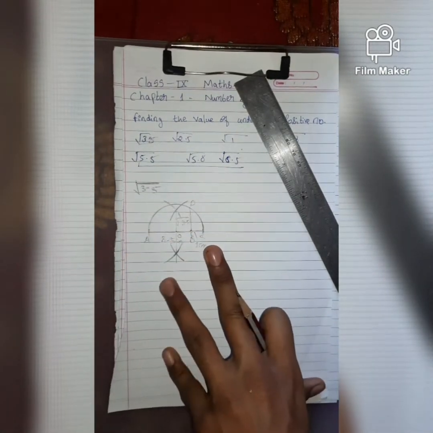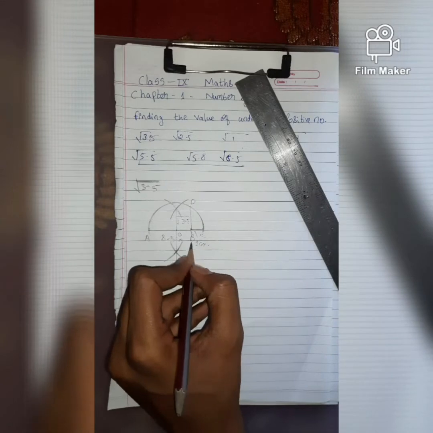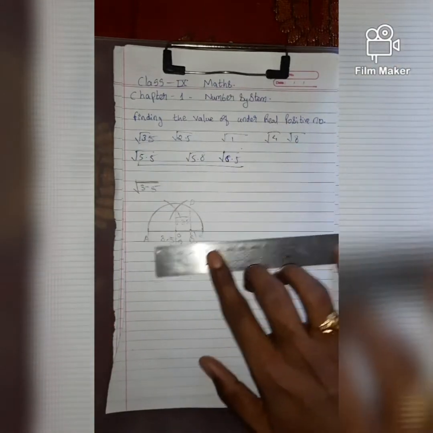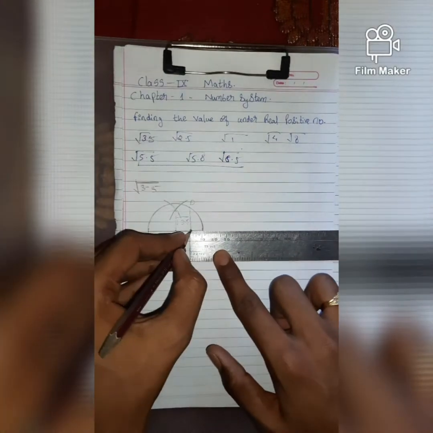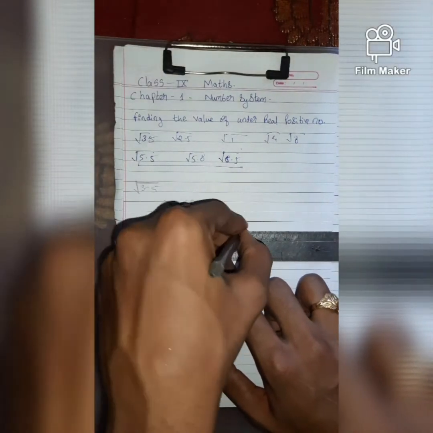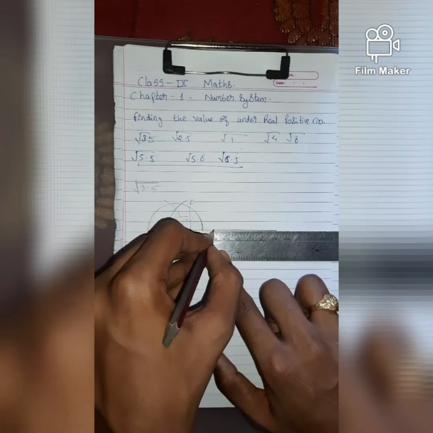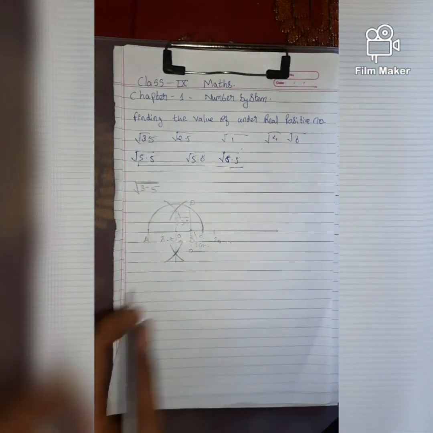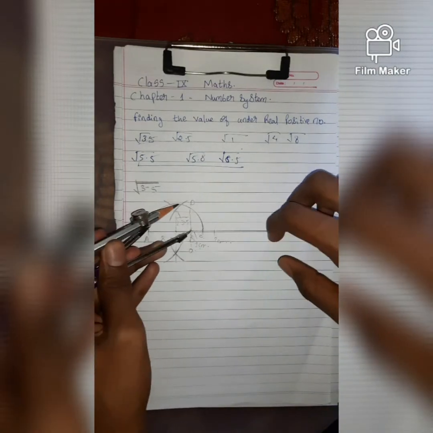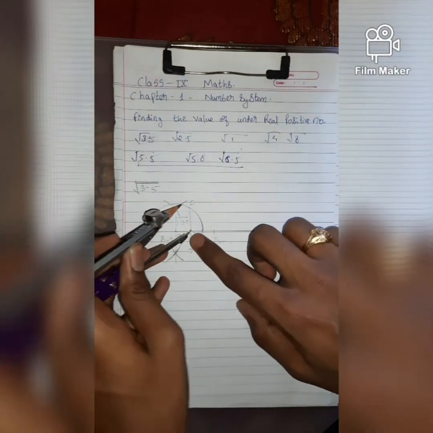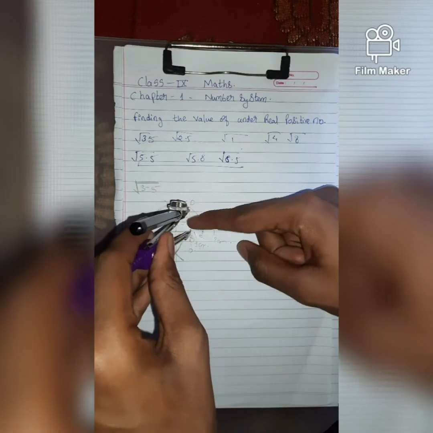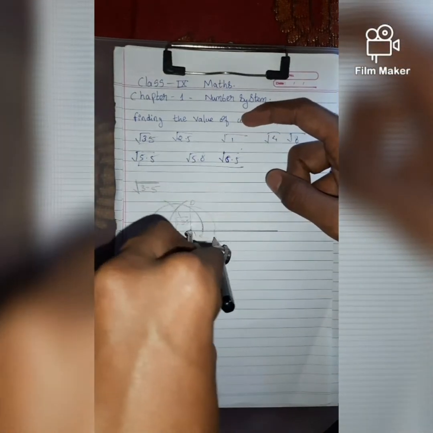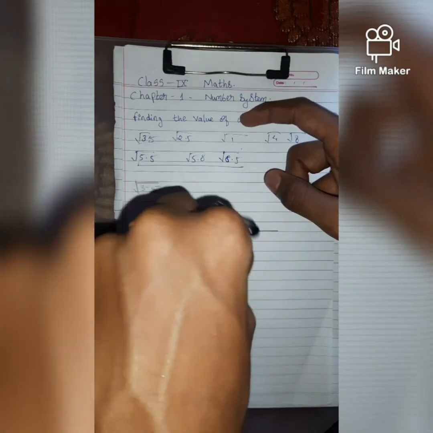If you want to represent this on the number line, then we will assume B as 0 centimeter and C as 1 centimeter, and from B you can draw a line like this. Now we take the compass again, keep the center at B and the pencil at D, and draw an arc like this which should cut the number line.